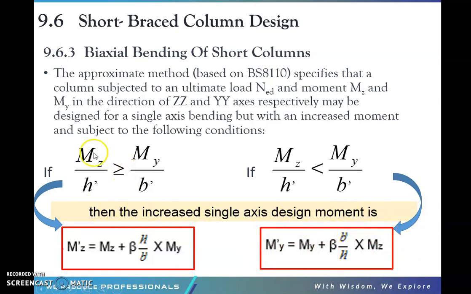So if Mz over h prime is greater than or equal to this part, the axis design moment is in z. However, if Mz over h prime is less than My over b prime, then the increased single axis moment is using the moment in y direction.